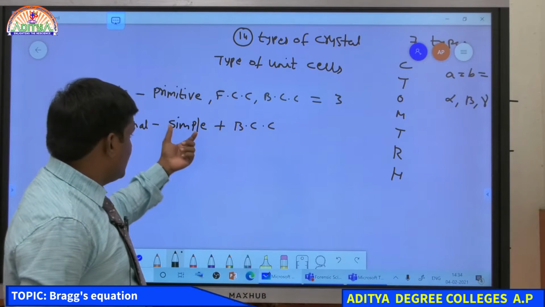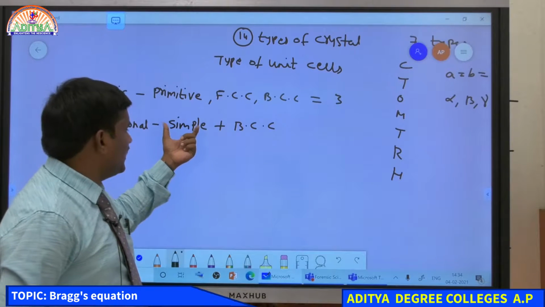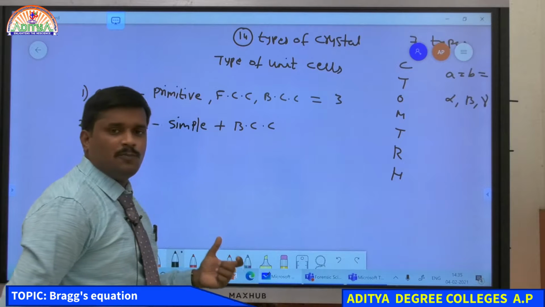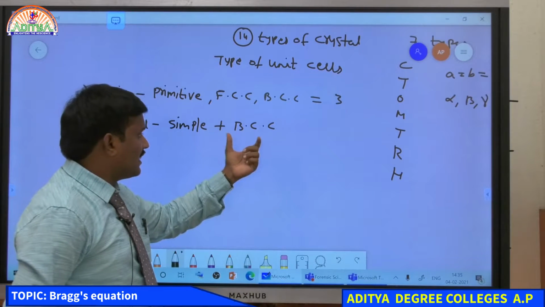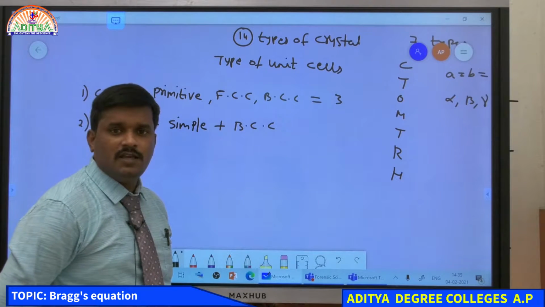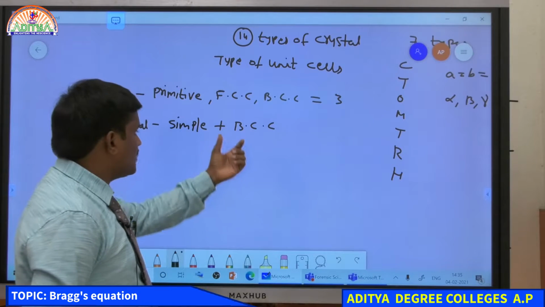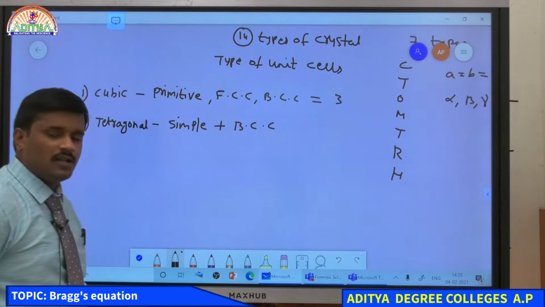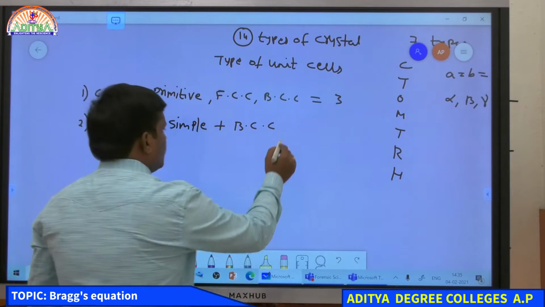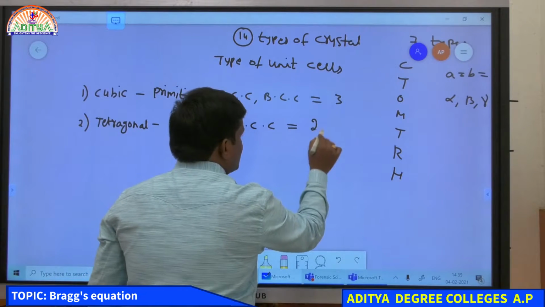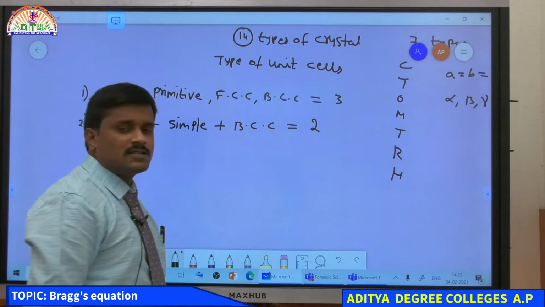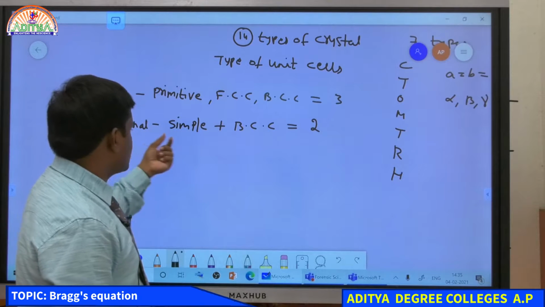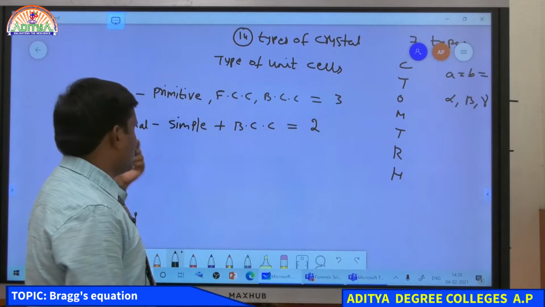In the simple unit cell, the atoms are only arranged at corners, whereas in BCC, the points are arranged at both the corners as well as the center of the unit cell. That is why the number of Bravais lattices for a tetragonal crystal is equal to 2: simple tetragonal and body centered tetragonal.